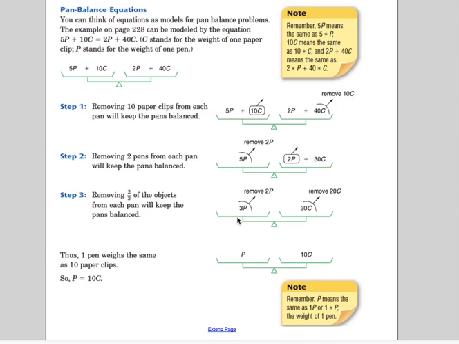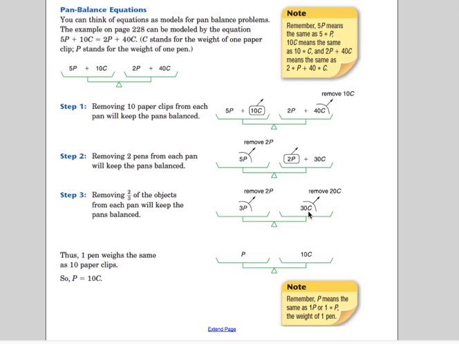Okay, so 3 times p is what 3p stands for. And I know that if I'm multiplying by 3, I can do the inverse operation and divide by 3 to get just 1p all by itself. If I have 3 and I want to know what 1 is, I divide by 3.